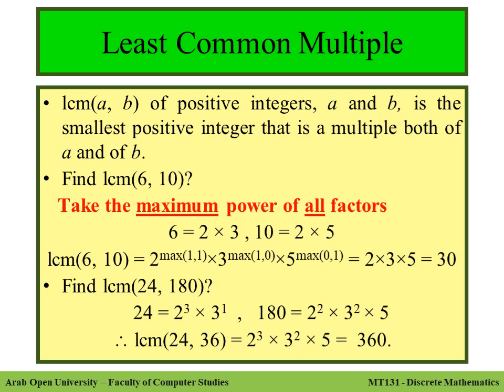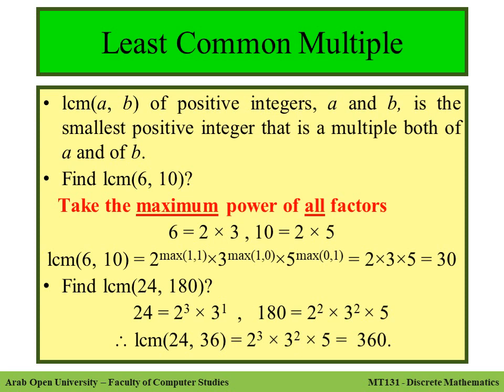Here's an example for 6 and 10. 6 is just 2 times 3. 10 is equal to 2 times 5. Take the 2, take the 3, and take the 5. Multiply these three integers. You will get 30. That is the least common multiple of 6 and 10. It will be a multiple of 6 and a multiple of 10, and this is the smallest integer that is a multiple of both numbers.